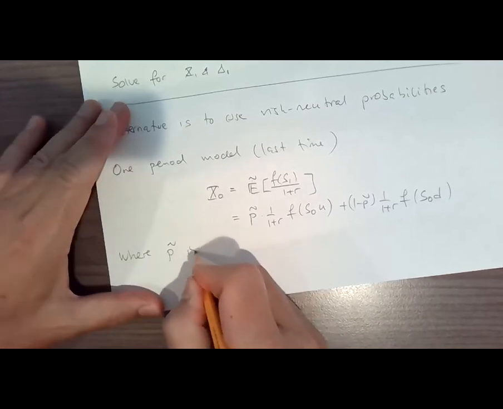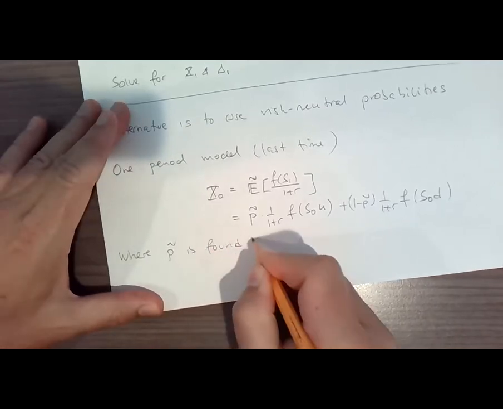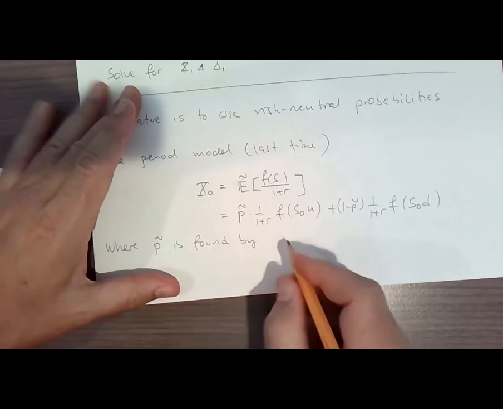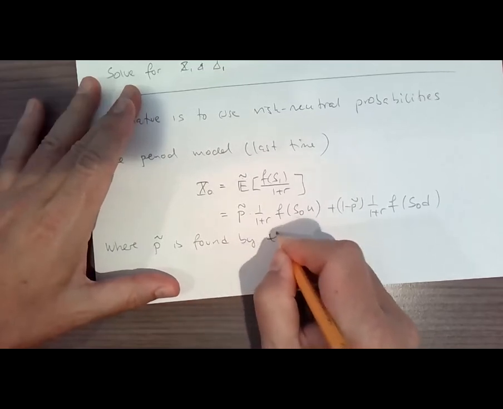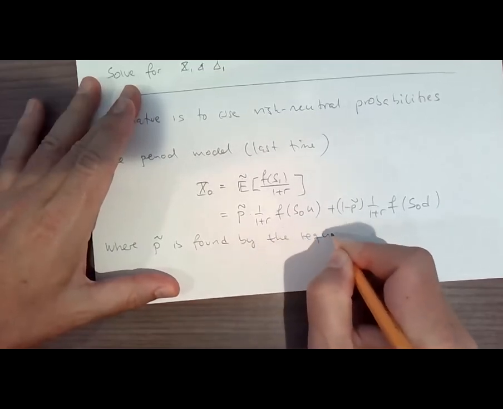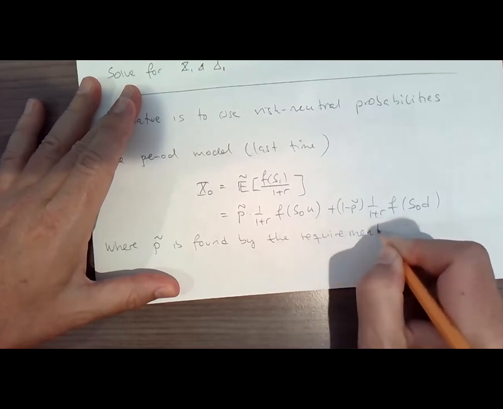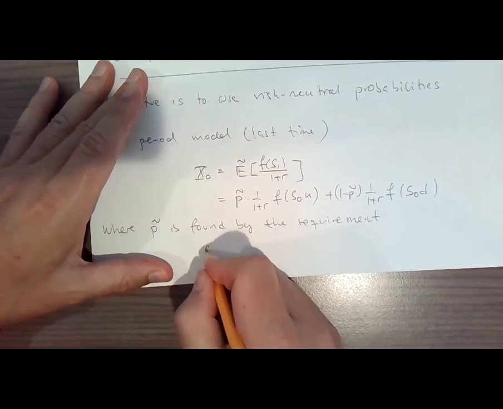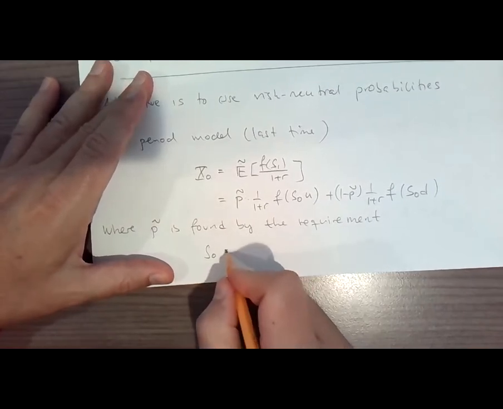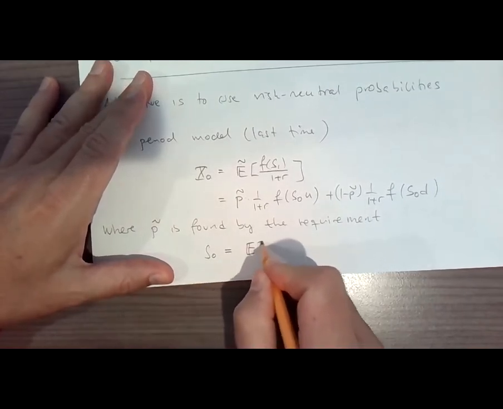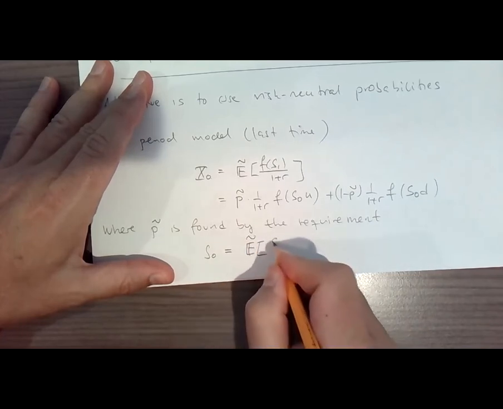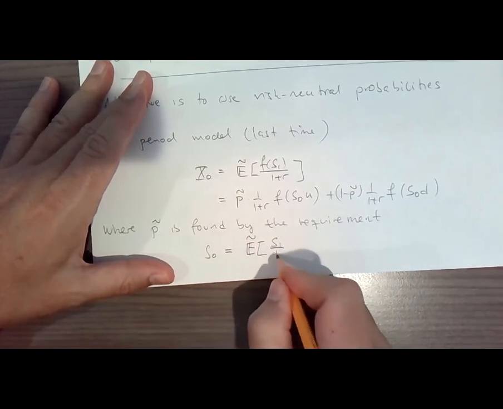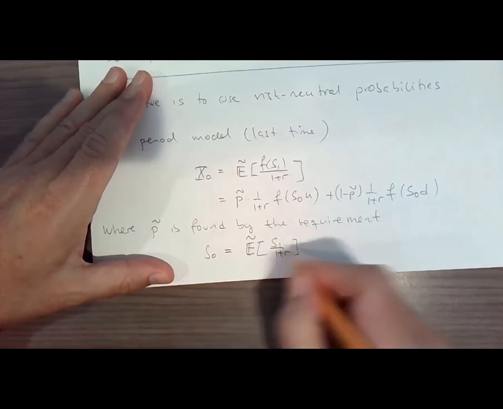P tilde is found by the requirement that, look at the initial stock price, I want the expectation under those tilde probabilities of the future stock divided by the bank to be equal to S0.